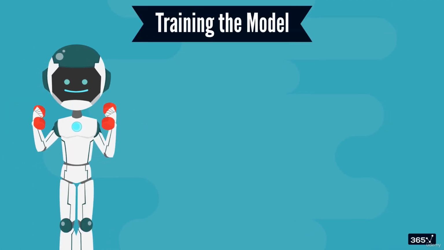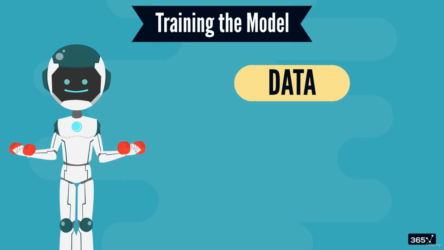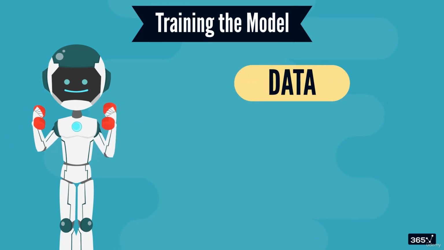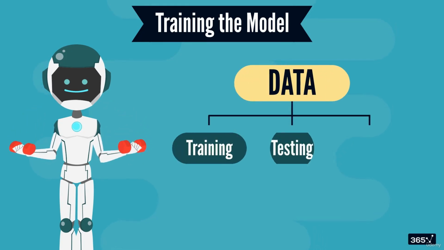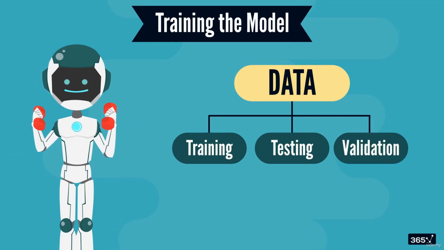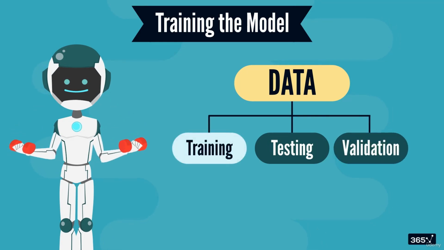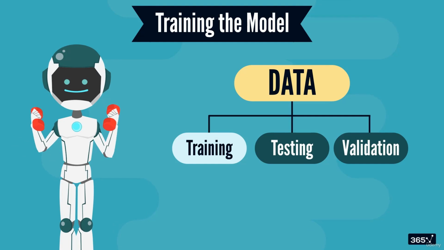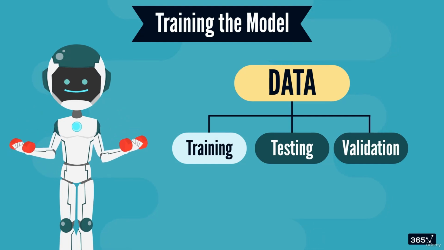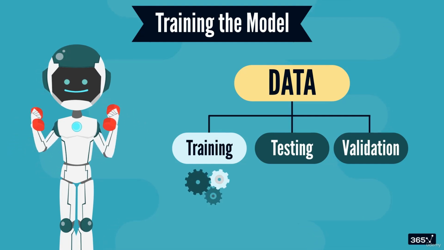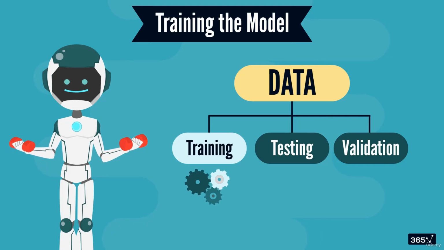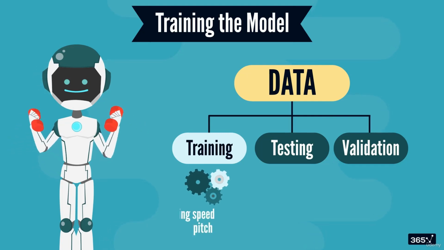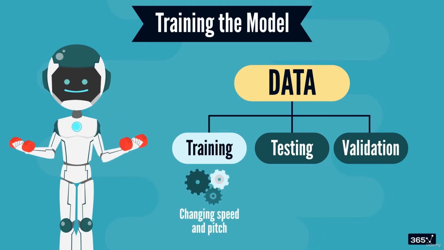As established practices require, we start this procedure by dividing the dataset into 3 parts: training, testing, and validation sets. Before we train the model, we often perform data augmentation. We modify the training data in various ways to make the model more robust. For instance, we might change the speed or pitch of the audio.